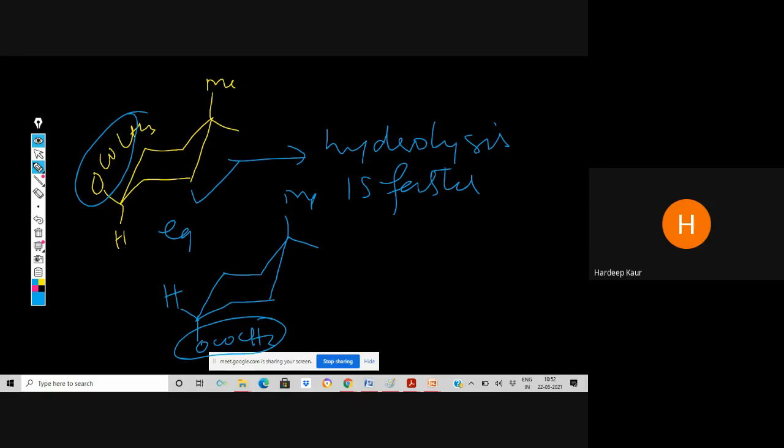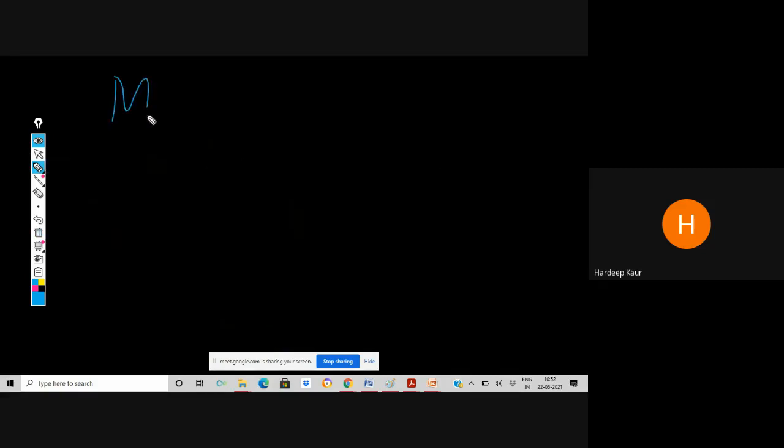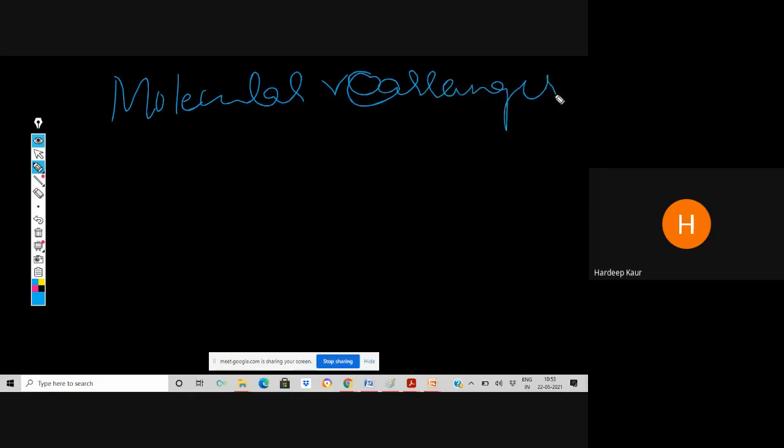Next I will take the example of molecular rearrangement. ਤੁਸੀਂ ਇਹ ਸਾਰੀਆਂ ਐਗਜ਼ਾਮਪਲ 'ਚ ਇੱਕ ਚੀਜ਼ ਨੋਟਿਸ ਕਰੋ ਕਿ ਜਿਹੜੇ ਐਕਸੀਅਲ ਸਬਸਟੀਟੂਐਂਟਸ ਨੇ they react at different rate in comparison to those bearing the substituent at the equatorial position. Okay, so molecular rearrangements there are numerous examples, so I will take only one here.